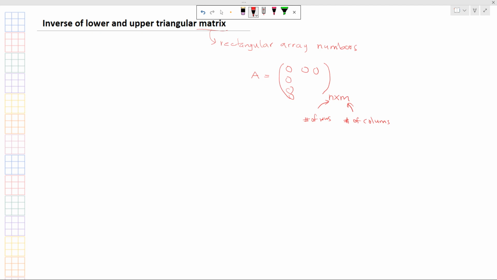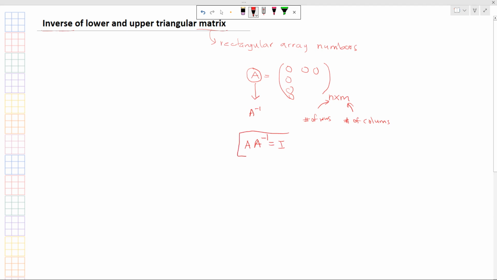Again, we will just see what the inverse of a matrix is. Let's say this matrix is A, then its inverse is denoted as A inverse. If I multiply A by its inverse, I will get the identity matrix.